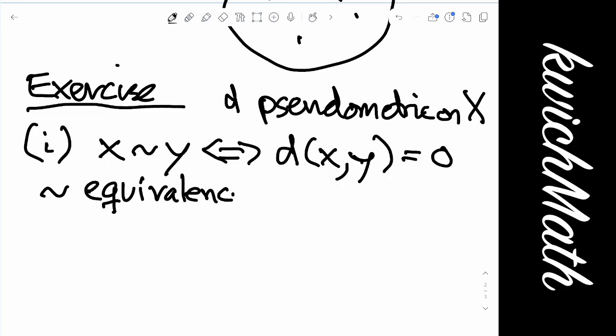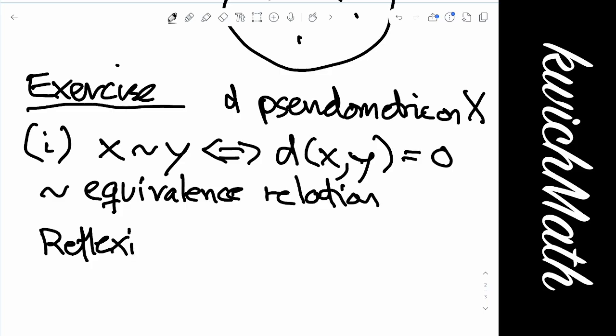Okay. So what does that entail? Well, first of all, it needs to be reflexive. What does that mean? Well, it means that we must have that x is equivalent to itself.